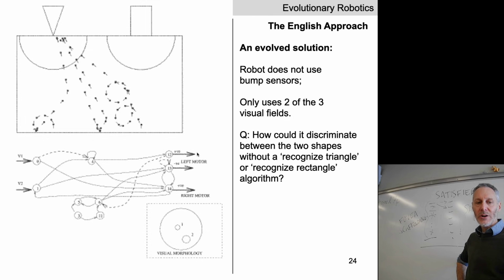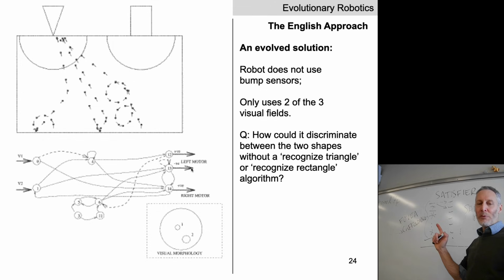There's the left motor and there's the right motor. All these other neurons, this one, this one, this one, these are all hidden neurons. So we have perception arriving here and actions being sent to the left and right motor here.